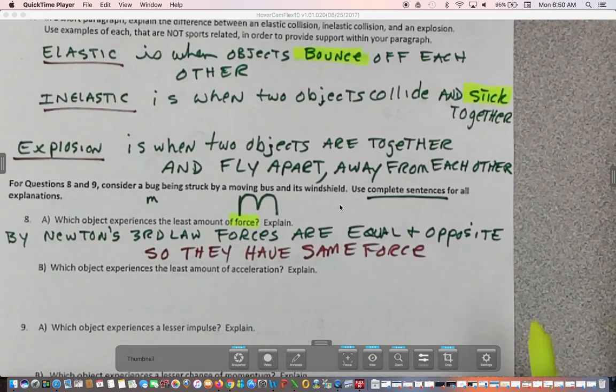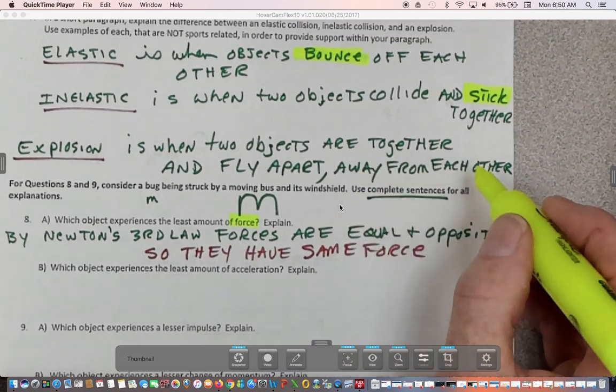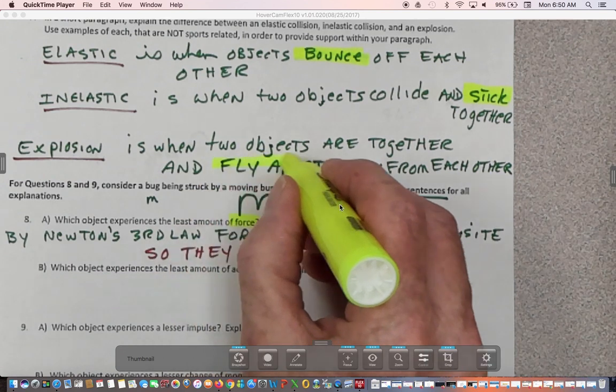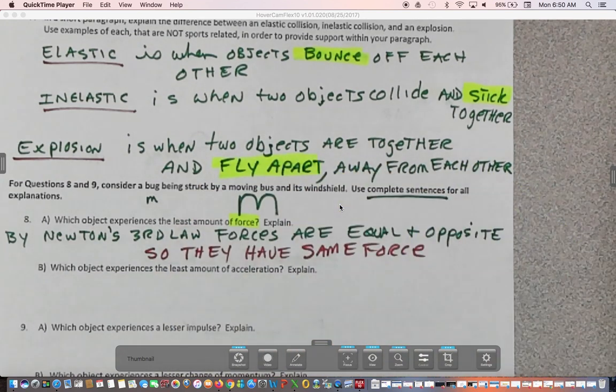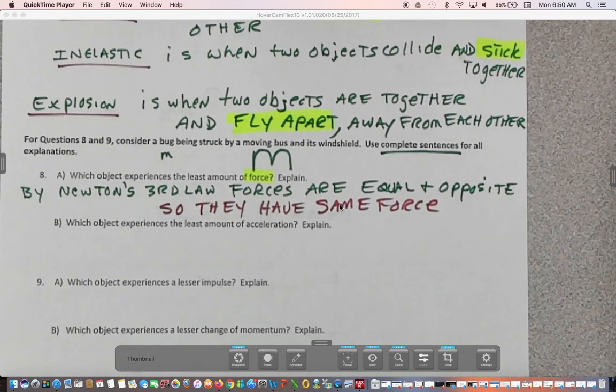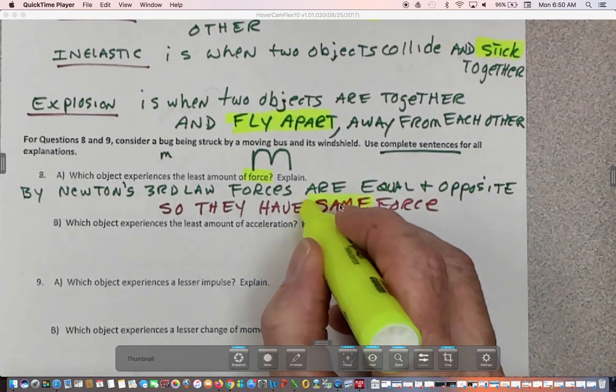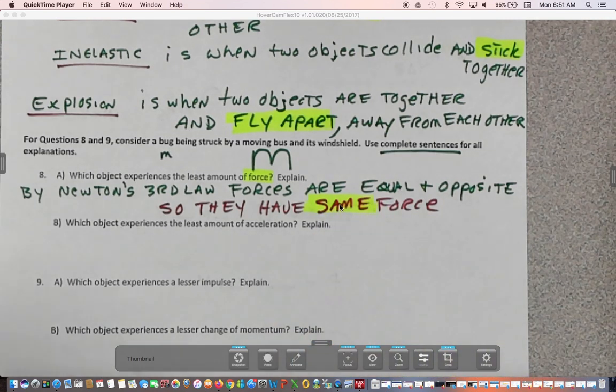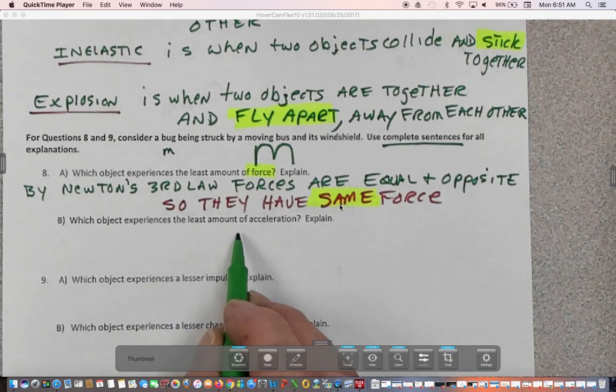Let me go back up here and highlight fly apart. They have the same force. Which object experienced the least acceleration?